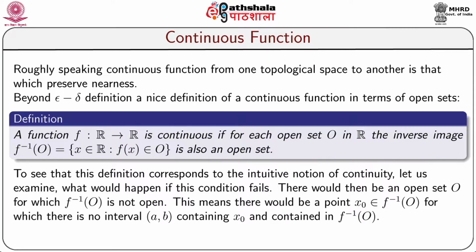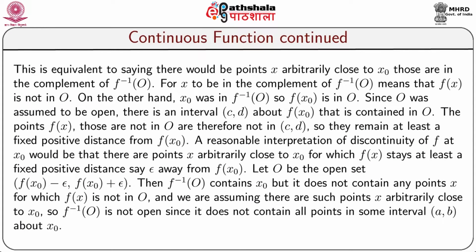We know the epsilon-delta definition of continuity in elementary real analysis. But there is also this definition: a function f from R to R is continuous if for each open set O in R, the inverse image f inverse of O is also an open set. We will use this definition to define continuous functions between two topological spaces. This definition in fact preserves continuity.